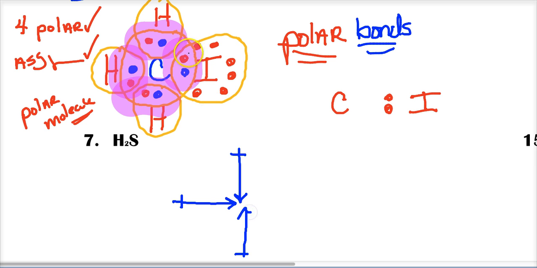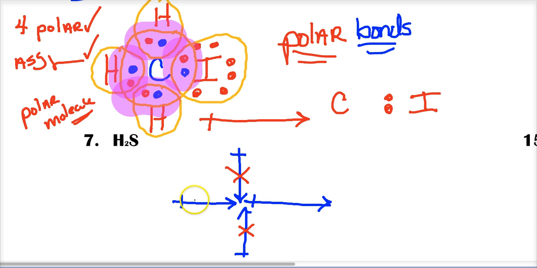But wait a minute. The difference in electronegativity with the iodine is different. In fact, it's more electronegative than the carbon, so this arrow goes toward the negative from the positive. So you can clearly see, hopefully, that this would cancel, but this doesn't. And what we have is an overall dipole moment showing the negative side of the molecule is here.